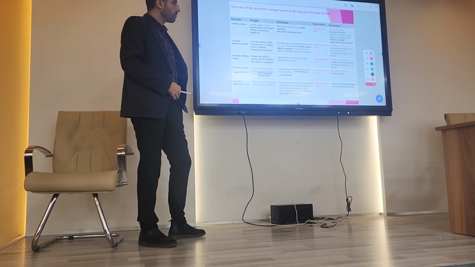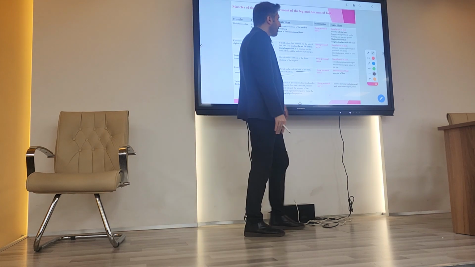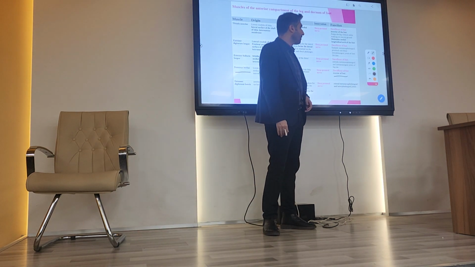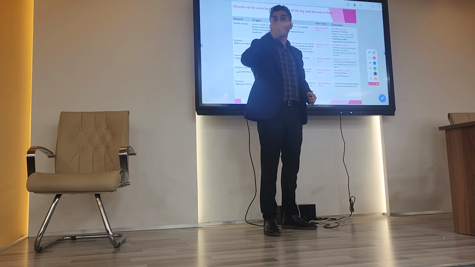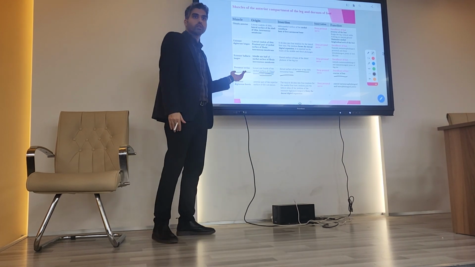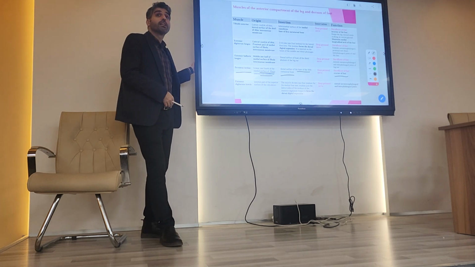The nerve is the same, and look at the action. All of them do dorsiflexion, and this one can also evert the foot. So in the anterior compartment, we have one muscle that can evert, fibularis tertius. It was one question. Or I can ask you this question another way: which evertor of the foot is not innervated by the superficial fibular nerve?